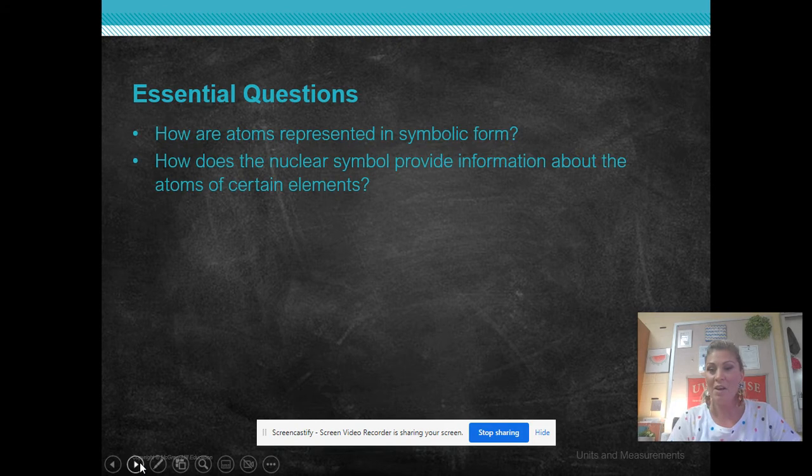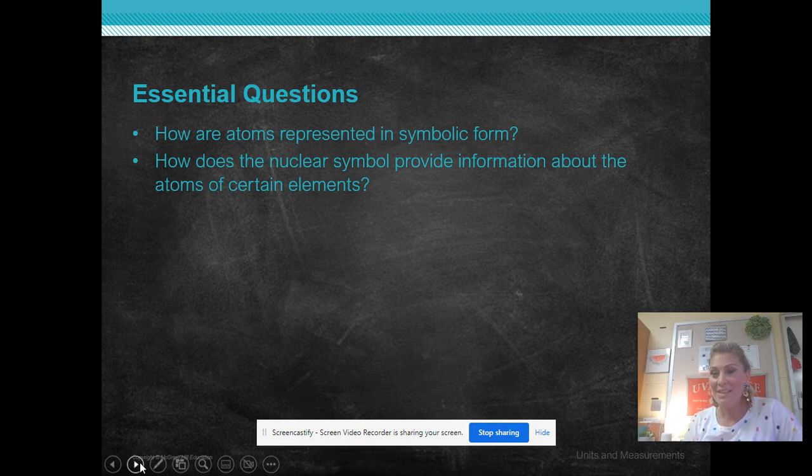So, before we leave our lesson today, we need to be able to answer two essential questions. We need to be able to explain how atoms are represented in symbolic form. So, we are going to show that we can do this by being able to take given information of an atom and placing it in the correct format for our symbolic representation.